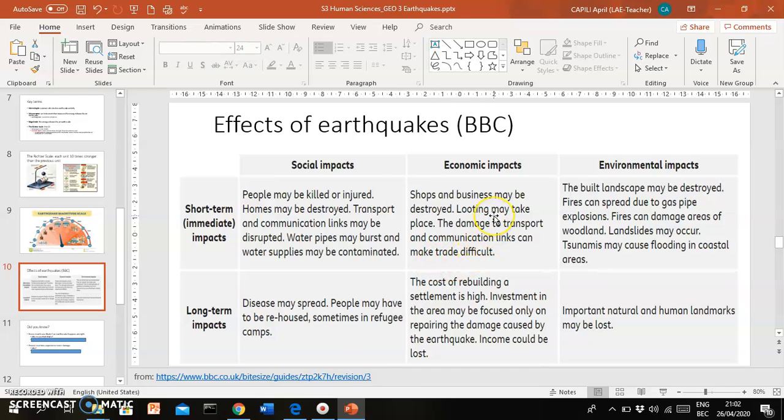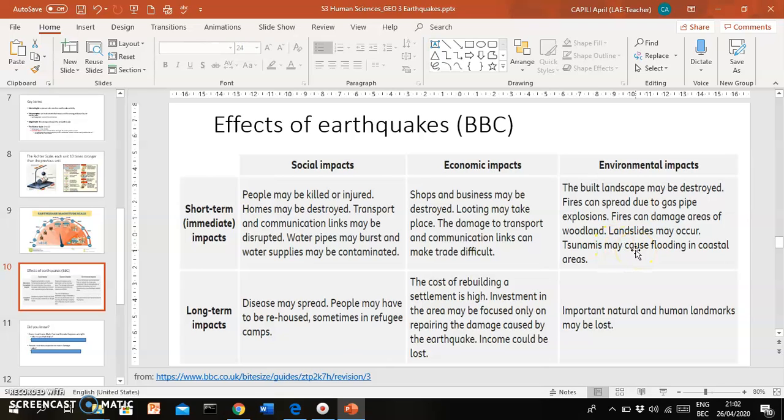Economic impact, you know, businesses and shops that might be damaged or destroyed. It can be very difficult for transportation to continue. We might have experienced trouble with our mobile phone connection, etc.